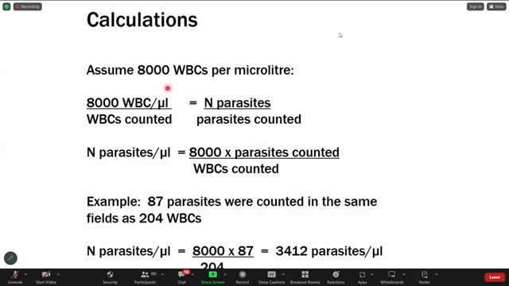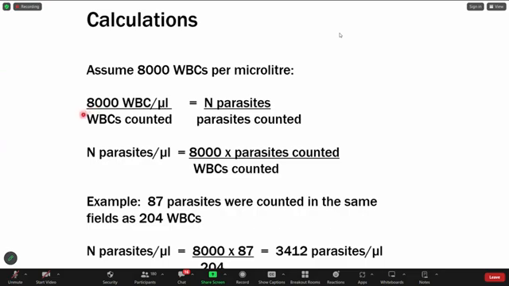We said we assume that the average WBC total count is 8,000 in an adult person, even in children, and we put that as the absolute count. Say you have done a CBC, we put the absolute count as a numerator on the left side.